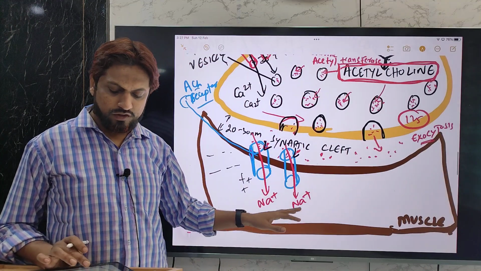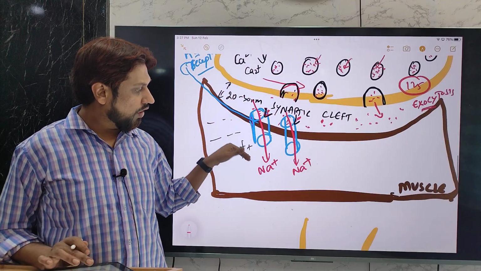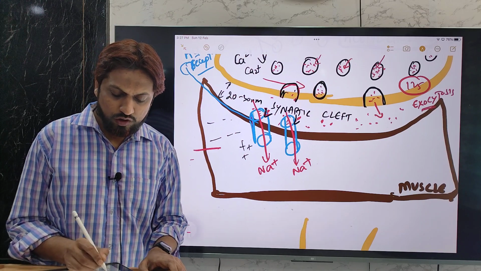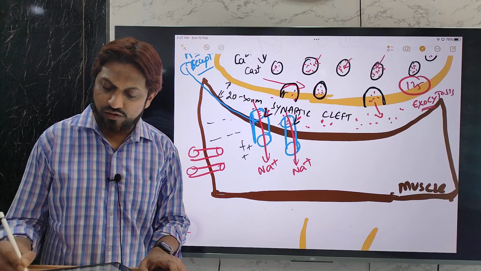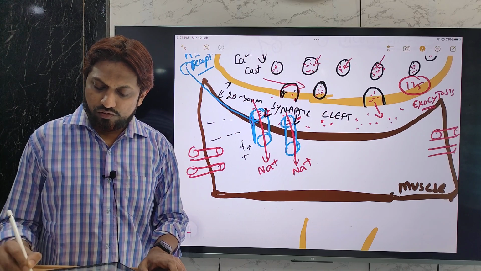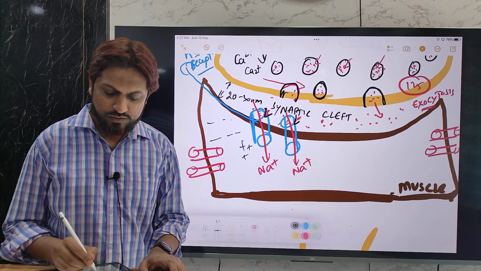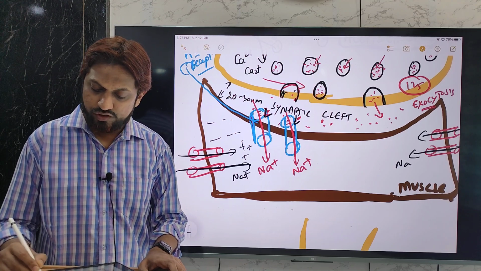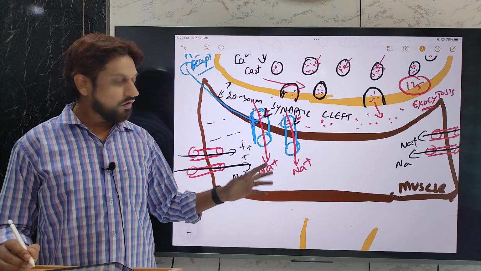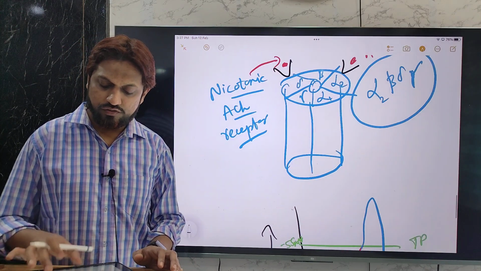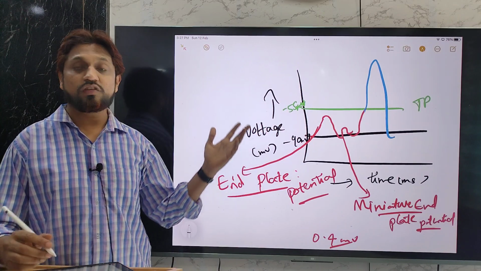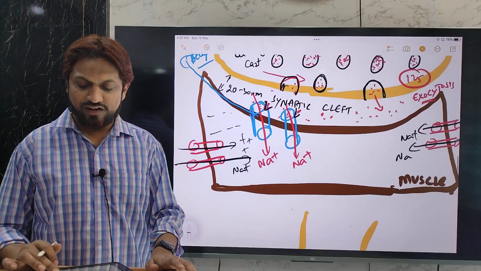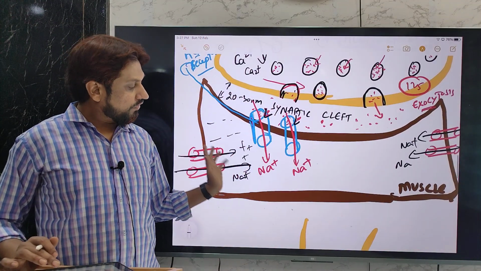So when this end plate potential reaches the threshold potential of minus 55, that is from minus 90 to minus 55 millivolt, then the voltage sensitive sodium channels present on this muscle membrane open and the interior becomes positive, and sodium ions enter here, which causes this depolarization, and finally potassium channels also open, which causes the repolarization. We'll discuss it in the molecular basis of muscle contraction, how exactly this depolarization and repolarization takes place and the muscle contracts.